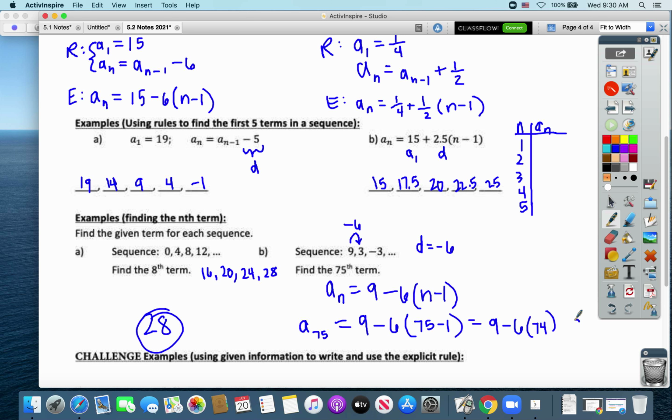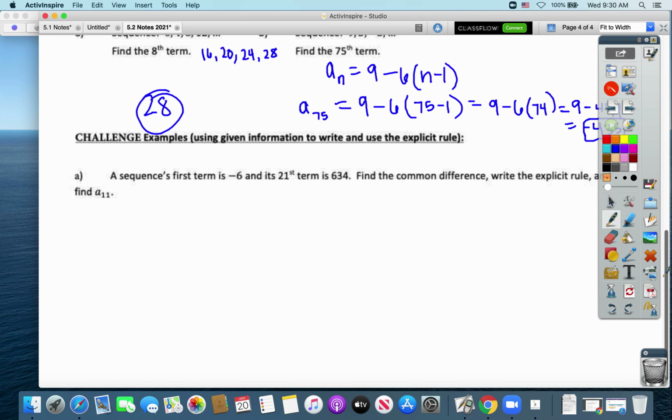So we have 9 minus 444. And then if we do that, 9 minus 444 is -435. So there's our answer for the 75th term in this sequence.